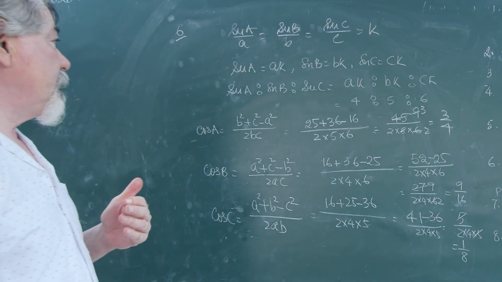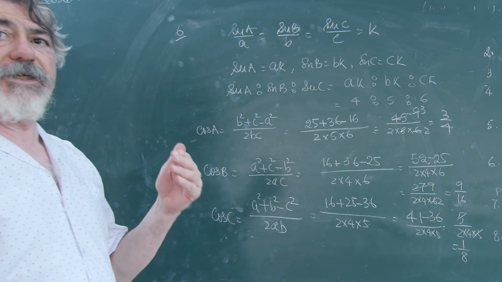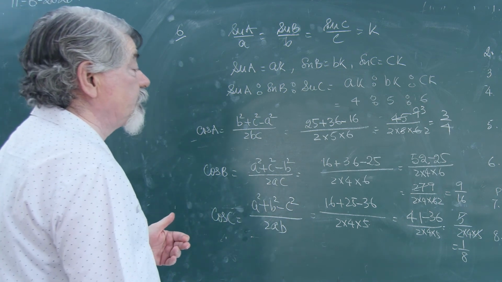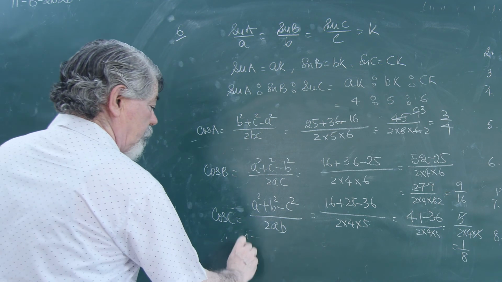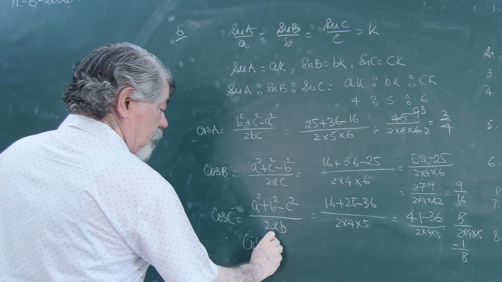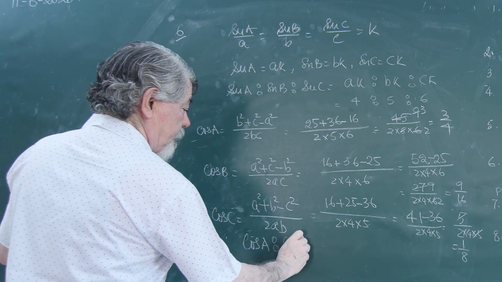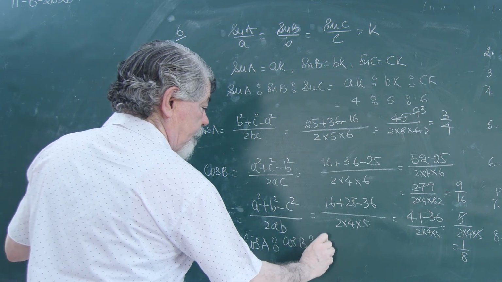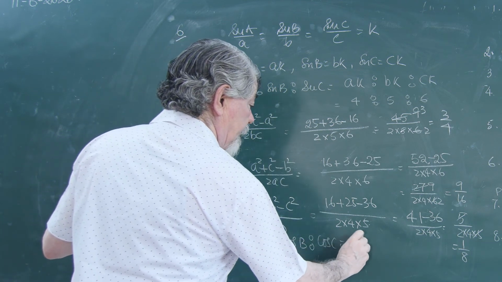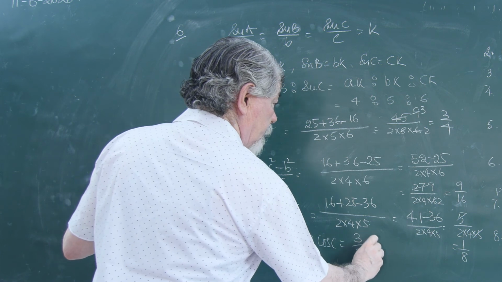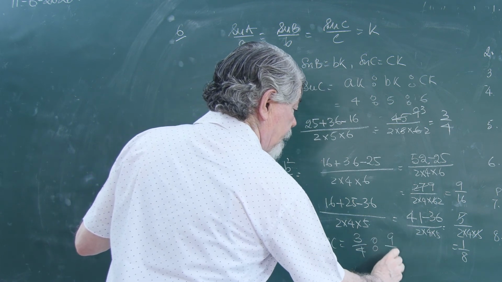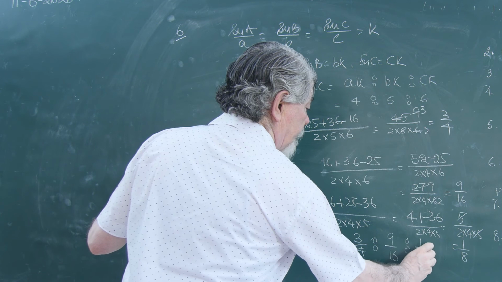So if you look at the ratio of cos A is to cos B is to cos C, it is 3 upon 4 is to 9 upon 16 is to 1 upon 8.